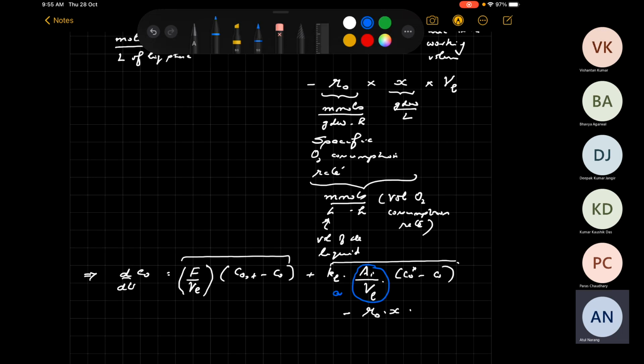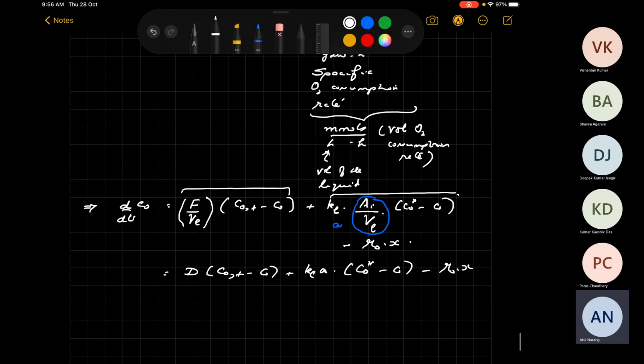So ultimately, you end up with the differential equation that says the rate of change of the oxygen concentration is equal to D multiplied by (COF minus CO), where D is strictly the residence time of the liquid, plus KLA multiplied by (CO star minus CO) minus RO times X. That is the main differential equation that we have.